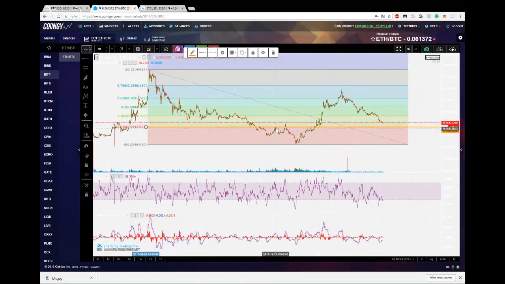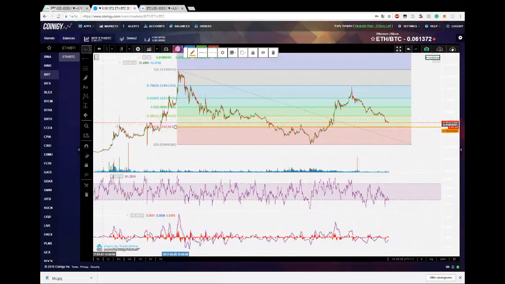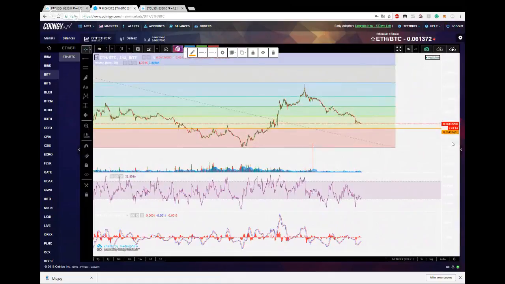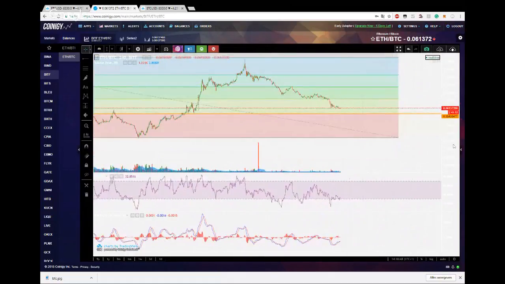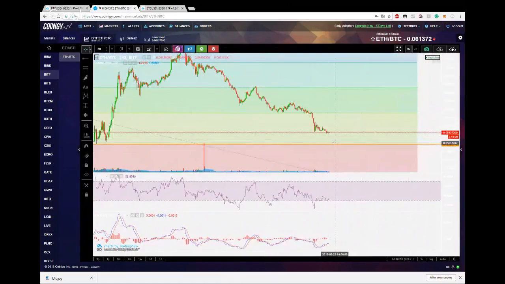It has been tested a ton of times in the past, all the way back to early 2017. So this appears to be still valid, and we might have to touch it in order to resume the bull trend.